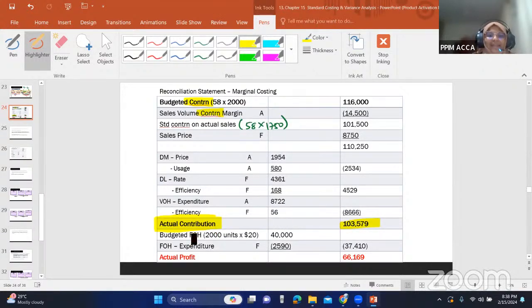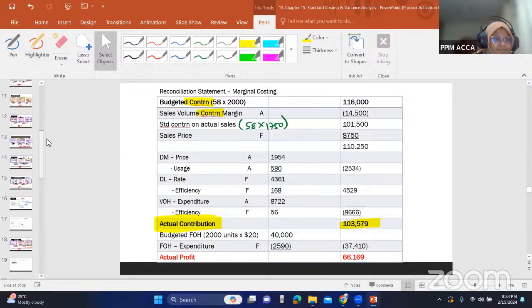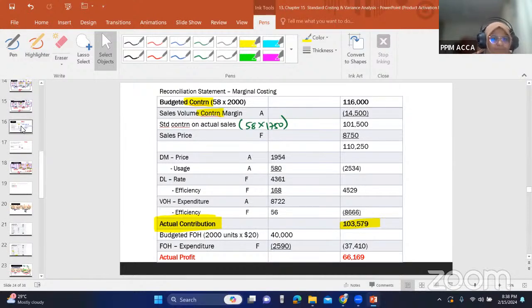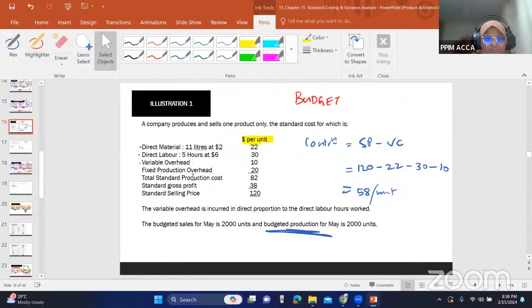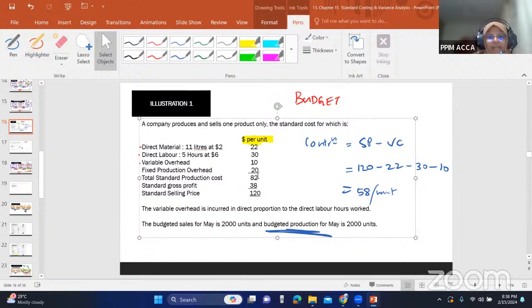Then you can take the budgeted fixed overheads. Okay, so what is the budgeted fixed overheads? If you look at our budget, there is a question. The fixed production overhead was supposed to be 20 per unit.